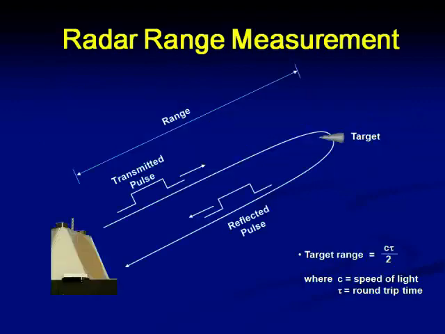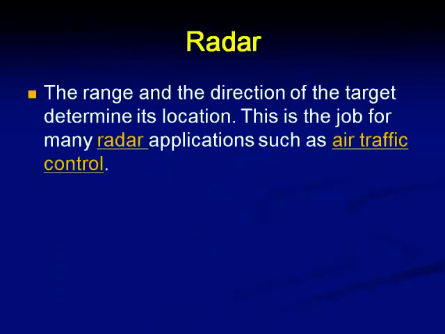So how exactly it is happening is diagrammatically shown now. So here a transmitted pulse is going first from the transmitter towards the target. The target is going to scatter all this. A small portion is reflected towards the receiver placed next to the transmitter, and the reflected pulse will be processed in the receiver and we get the required parameters of interest. Here in the radar, the direction of the target is also another important parameter.